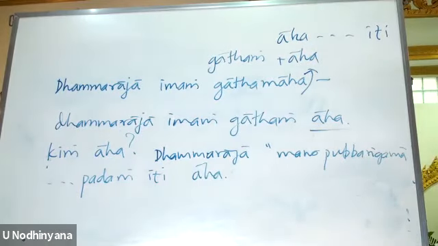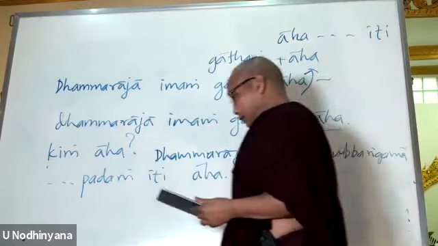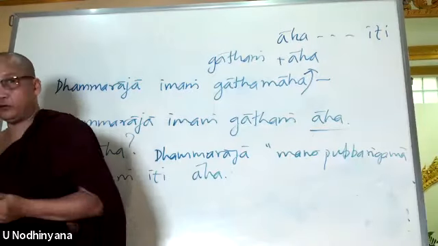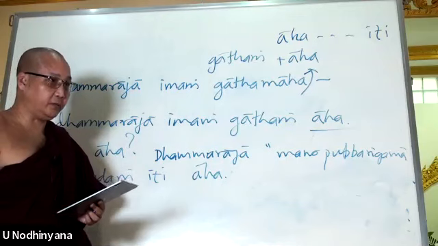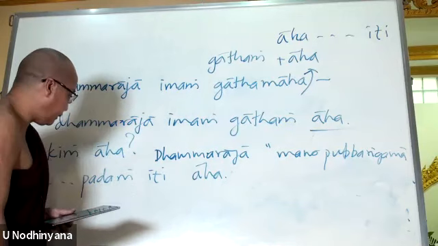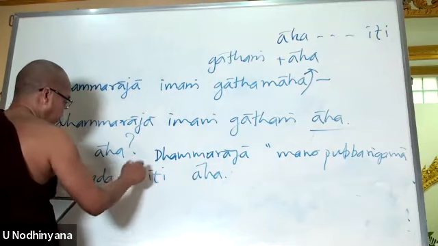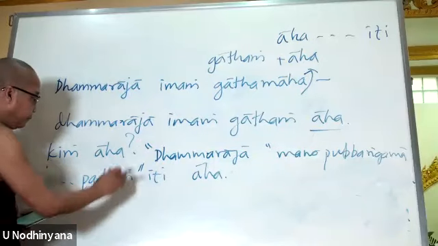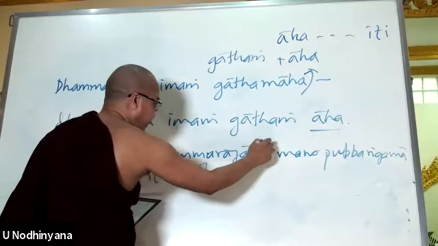So now if you write down the Pali sentence, it will be like this. Manopubbangama Dhamma, Manosettha Manomaya, Manasa ce pasannena bhasati va karoti va, tato nam dukkham anveti cakkam va vahato padam, iti aha.